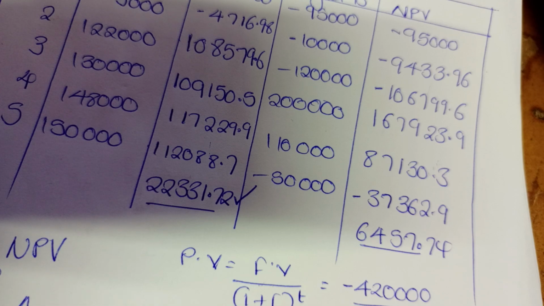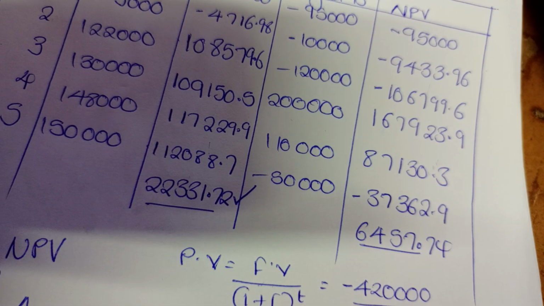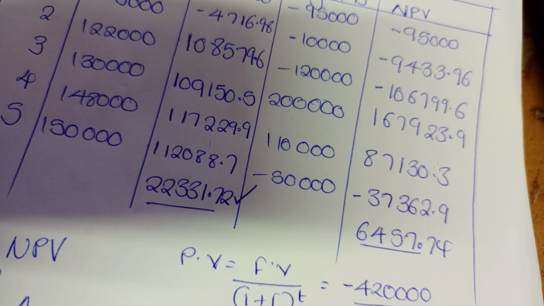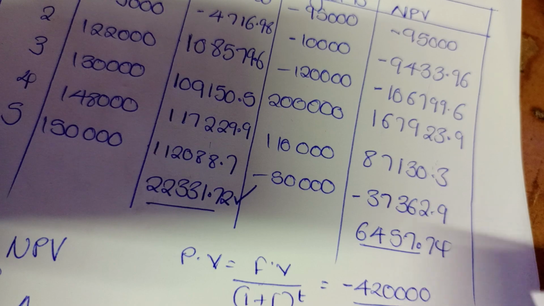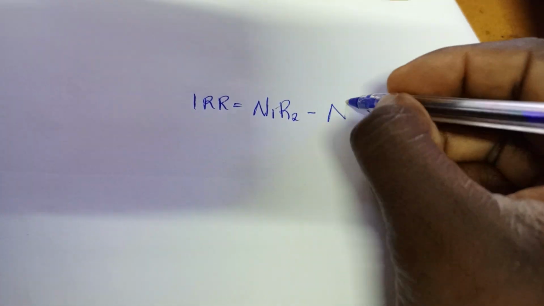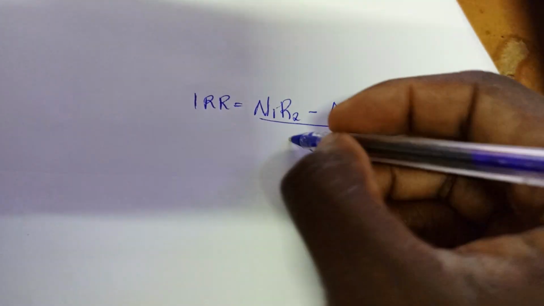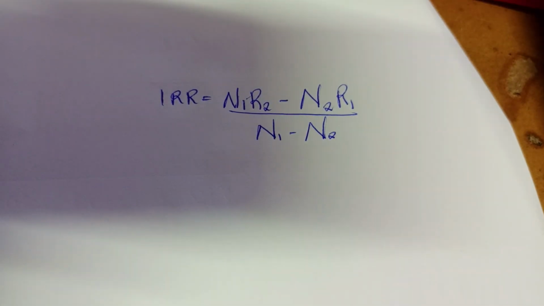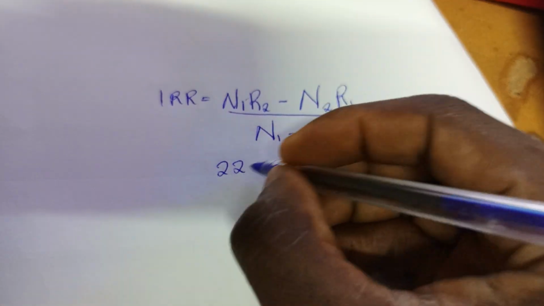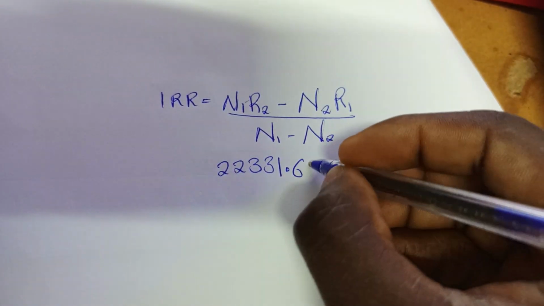There is no need of you trying to estimate another, but if you were to estimate another, then you need to calculate the net present value for project A and the net present value for project B. But in this case we just go direct, so we know to say IRR is given by N1 R2 minus N2 R1 over N1 minus N2, where N1 is the net present value you got at first, which is the 22,331.68.